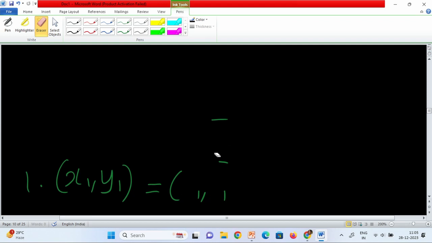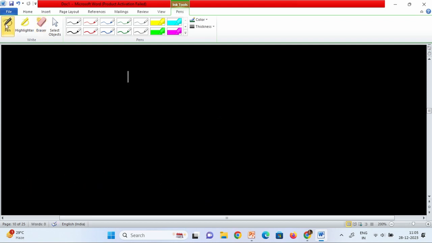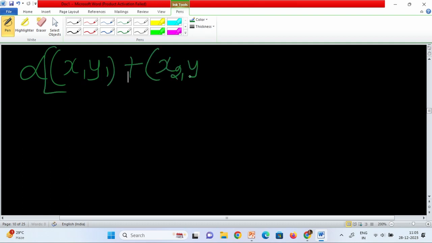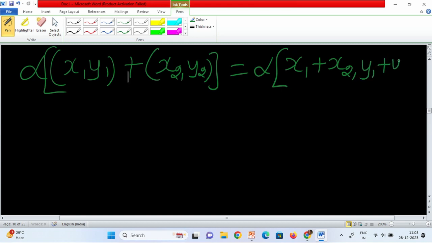Here also we consider the first axiom, that is alpha into (u plus v), the two elements (x1, y1) plus (x2, y2), that is alpha into (x1 plus x2, y1 plus y2).